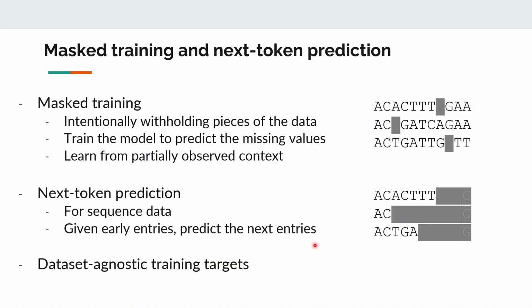The big problem is different labs have different experiments, so they don't have the same label. You cannot train the model to predict cell type and expect it to work with every lab because the answers are different. One thing that you can do is ask the model to predict something about the raw data.